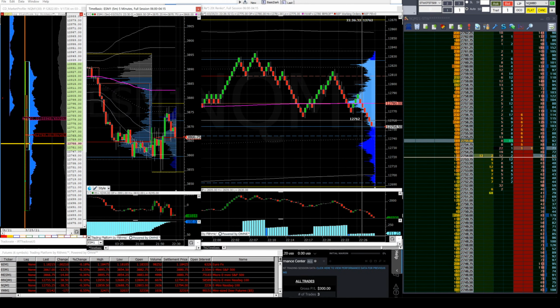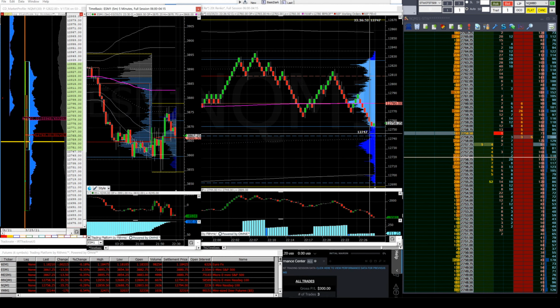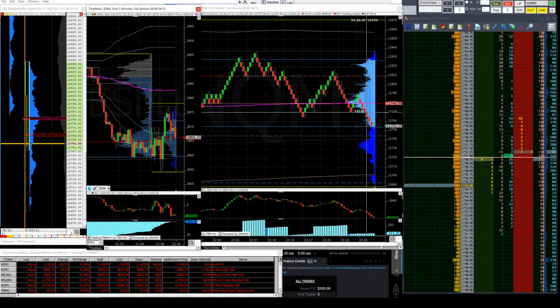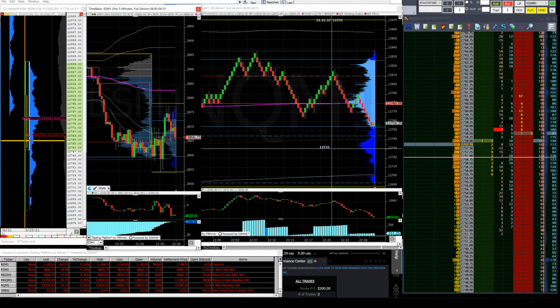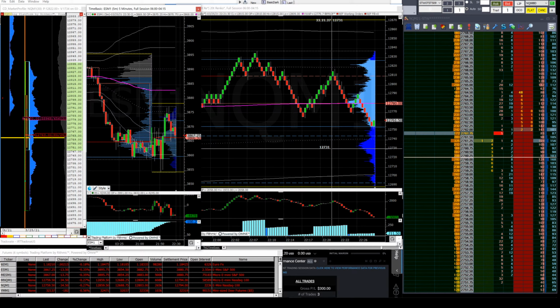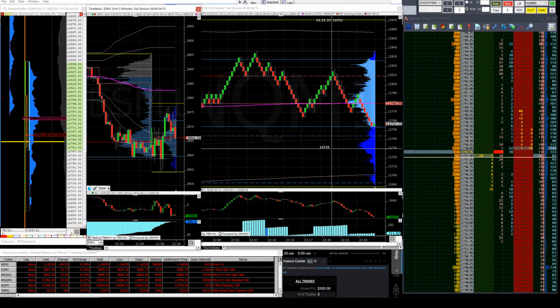I was concerned about looking at that meeting, and when this sale started right about in here, 10, 15 points down, but the value area low seems like it's doing its job.